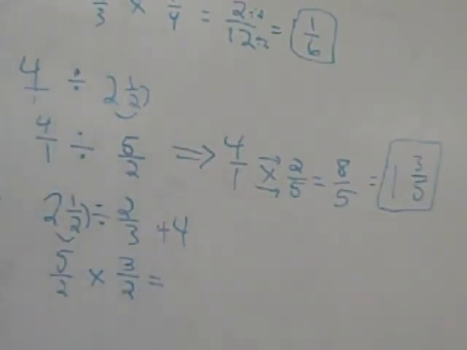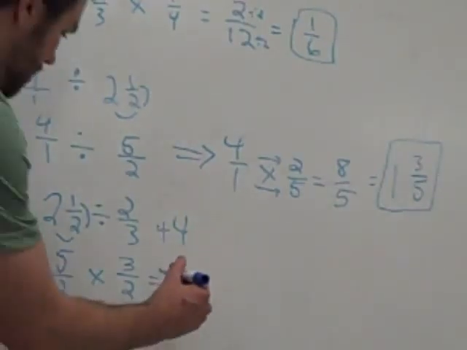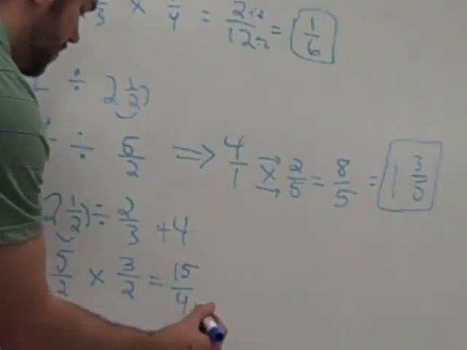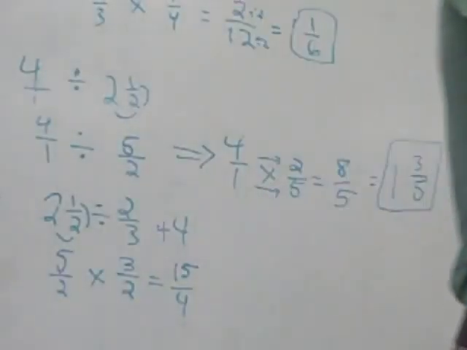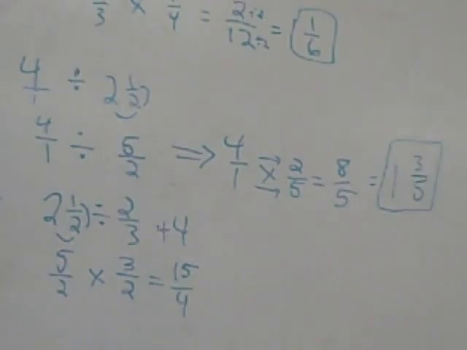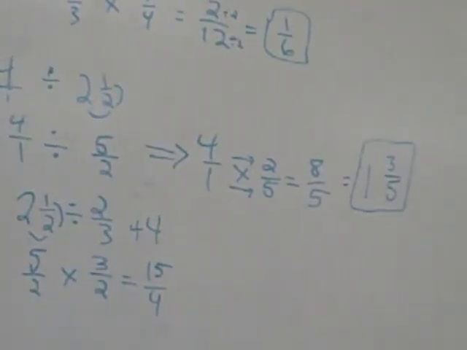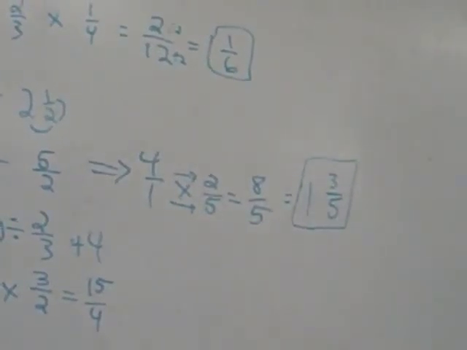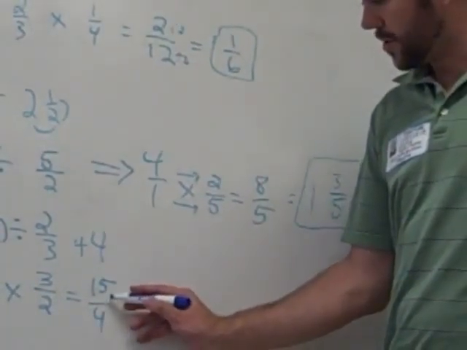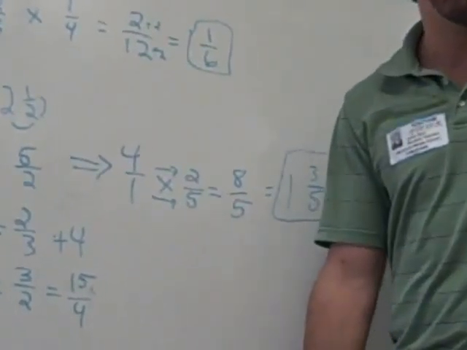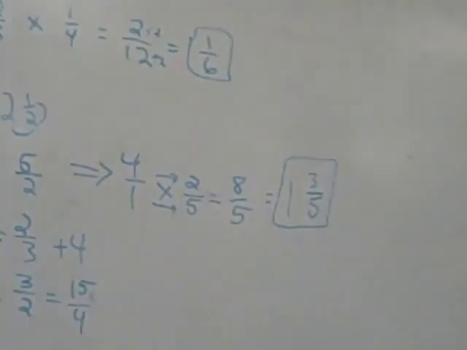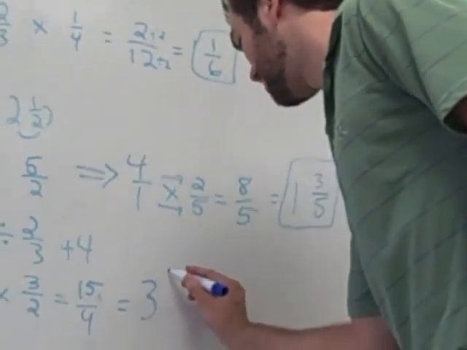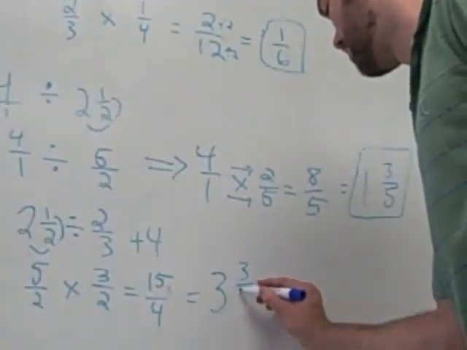Alright, 5 times 3? 15. 2 times 2? 4. 15 over 4. What's wrong with that? It's improper. So what are we going to do? Divide the bottom into the top. How many times does 4 go into 15? 3, with 3 left over.